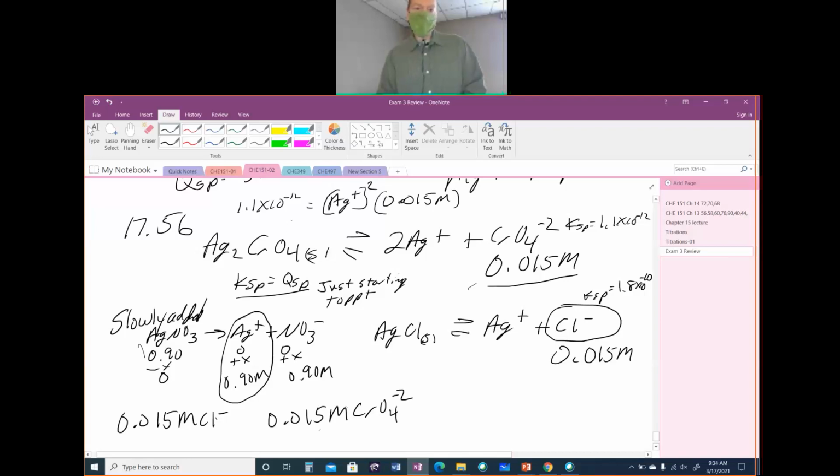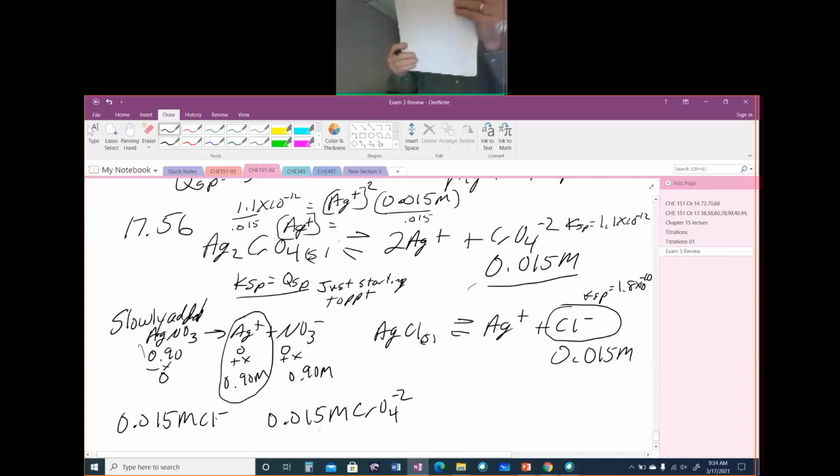We divide both sides by 0.015, and then we have to take the square root. When you do that, you get an Ag plus concentration of 8.6 times 10 to the minus 6.